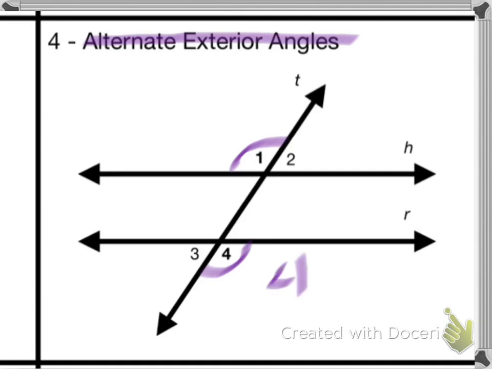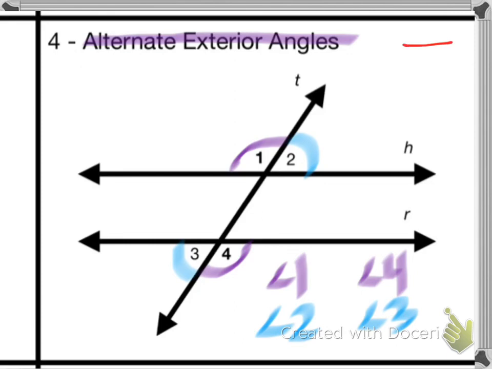So here we have angle 1 and angle 4 once again. Okay, and then the alternate exterior for angle 2 is going to be angle 3. Okay, and so just like our alternate interior angles, our alternate exterior angles are also going to be congruent.